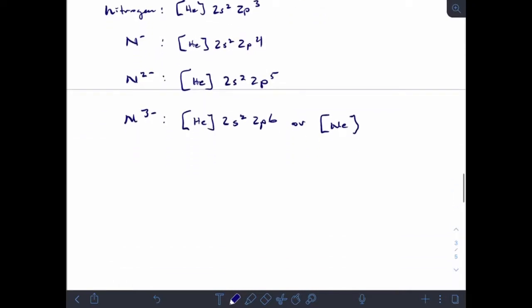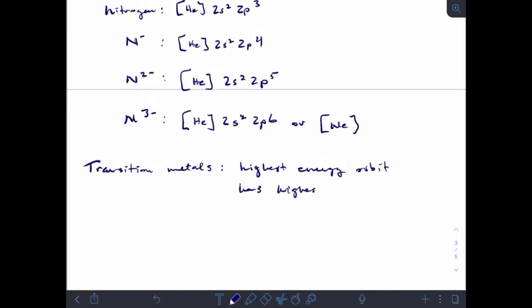Right, now with transition metals, we're essentially doing the same thing. Remember, our highest energy orbital has the highest n value.